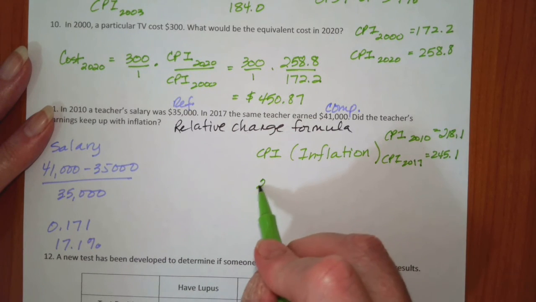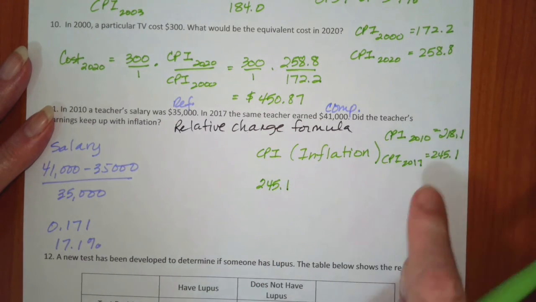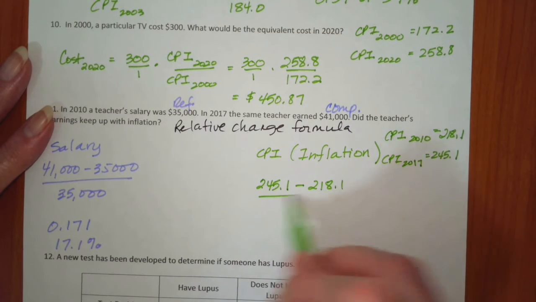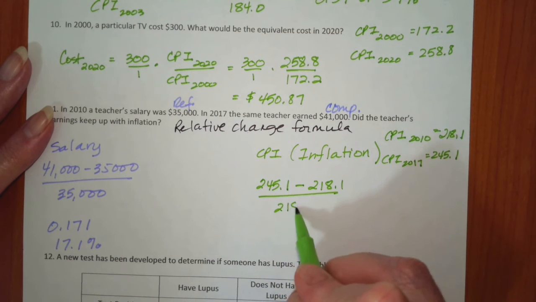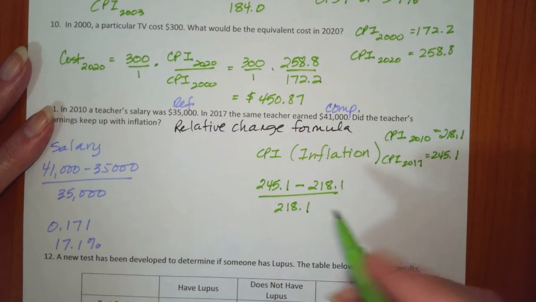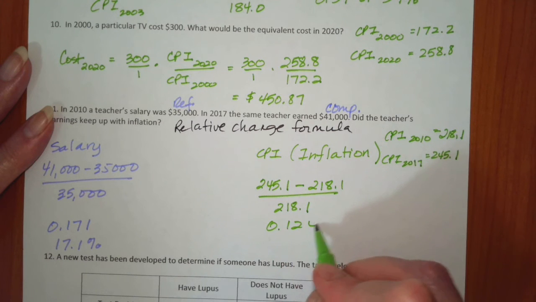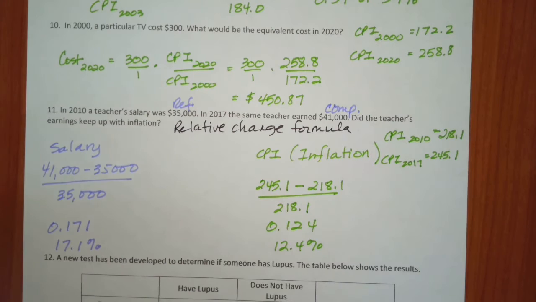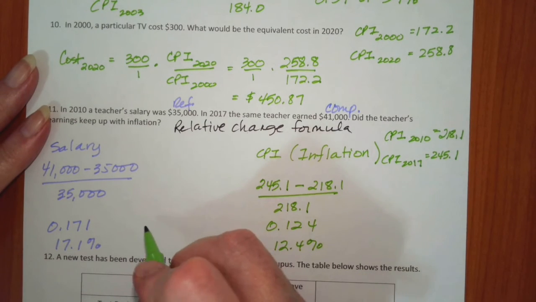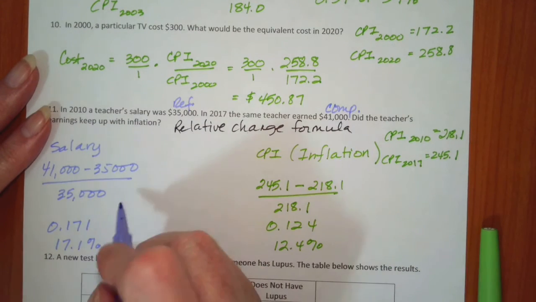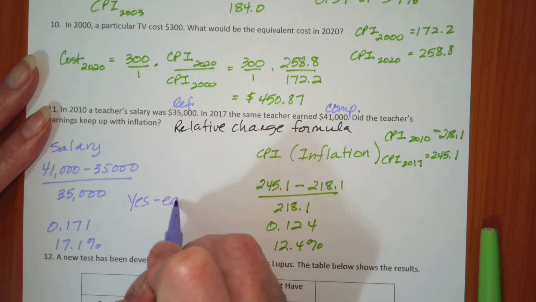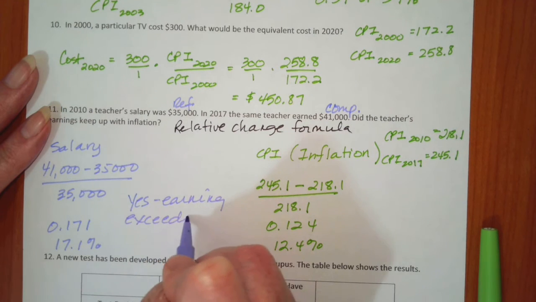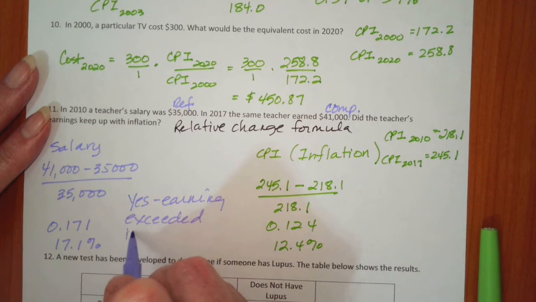So we're going to do 245.1, the compared value, minus the reference value, 218.1, divided by the reference value, 218.1, and you get 0.124, which is 12.4%. So, did it keep up with inflation? Yes. Earnings exceeded inflation.